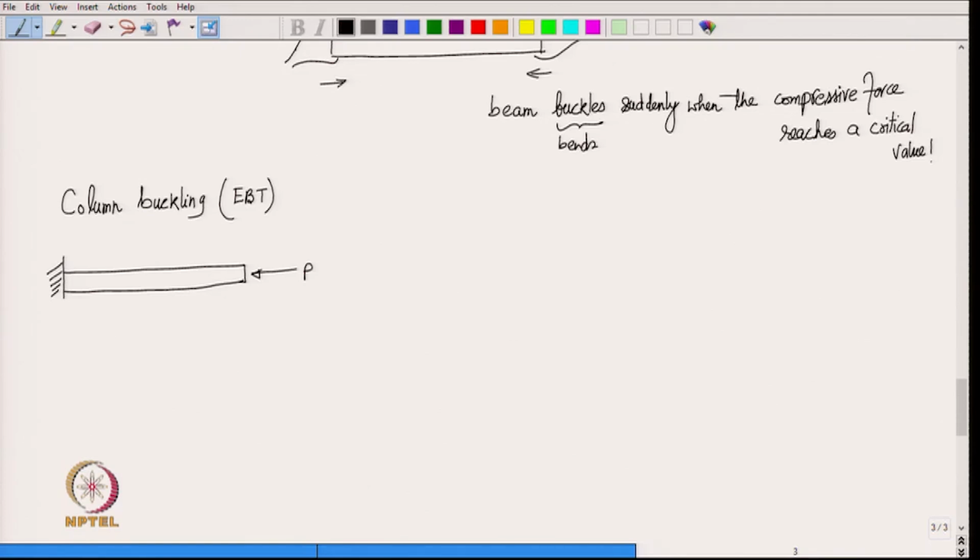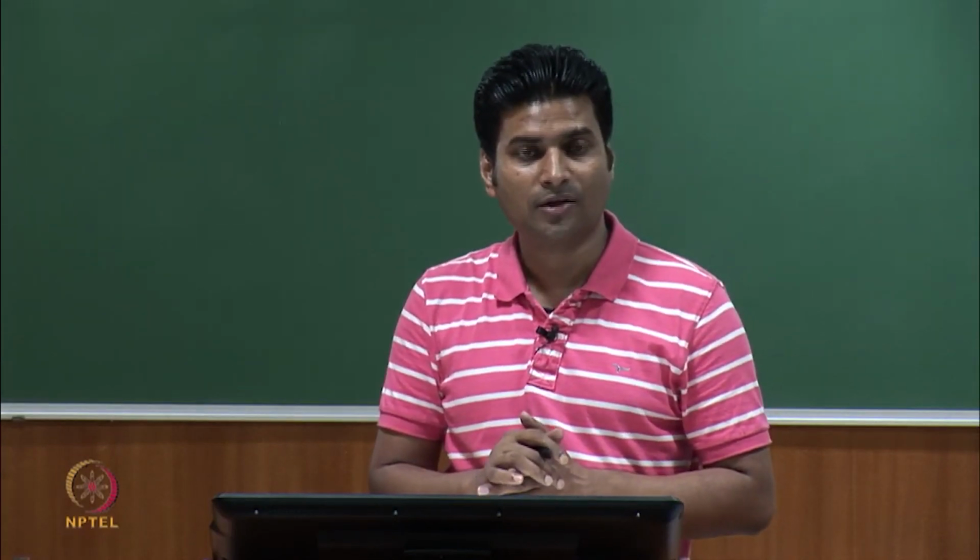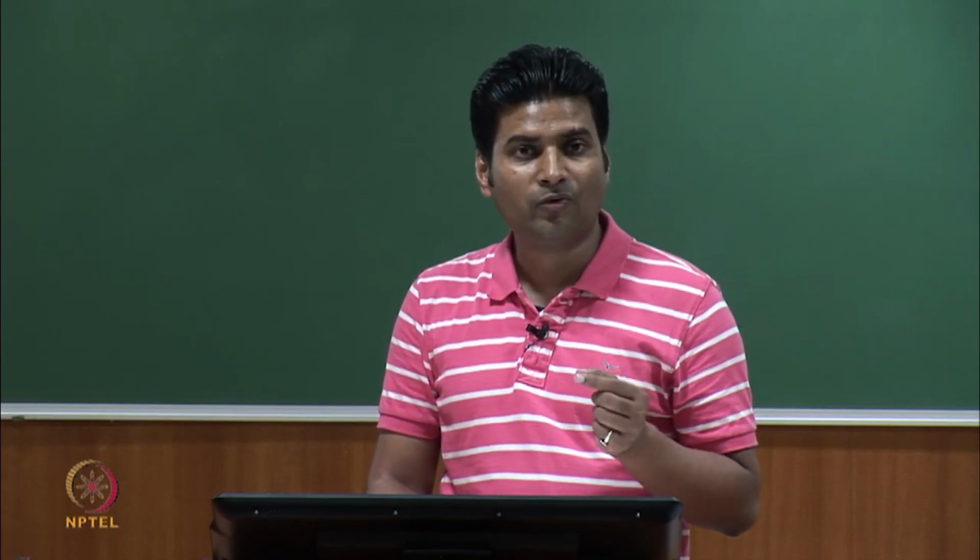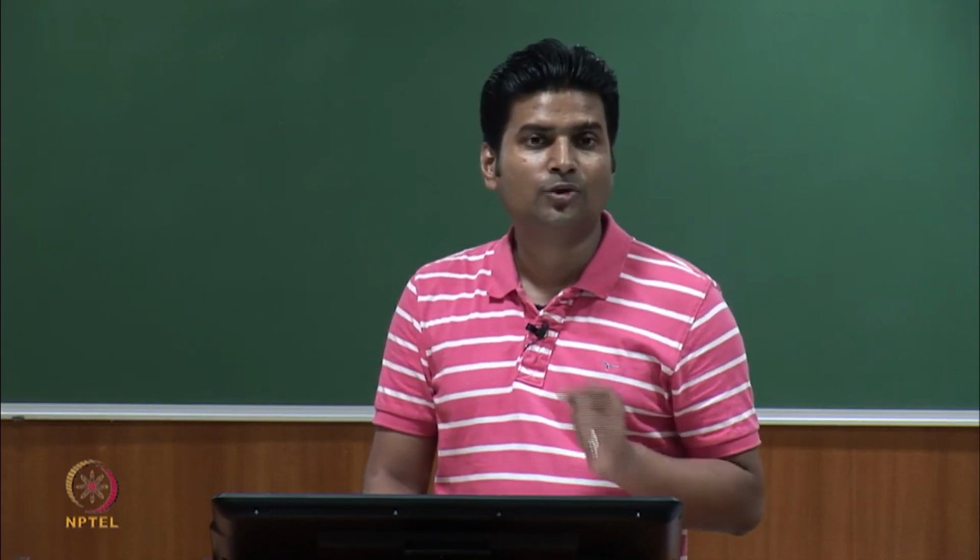So, its length is going to shorten, but at a critical point when the P reaches a critical value, the beam, instead of compressing, will bend, and that is called buckling. Okay. So, we want to find out what is that critical value of P at which this column is going to buckle.